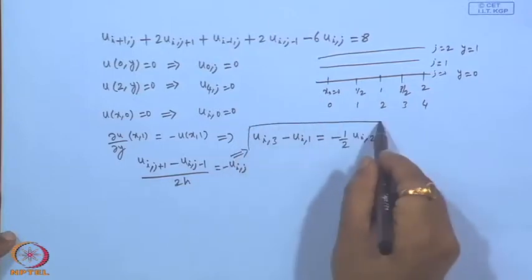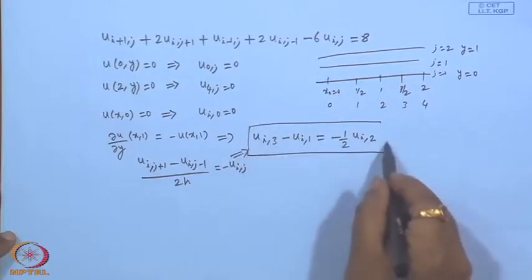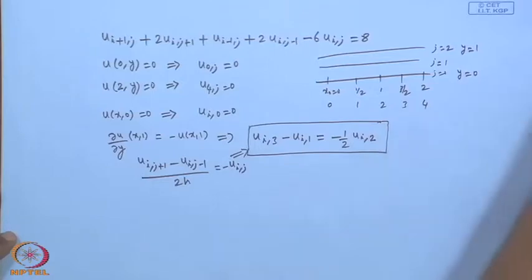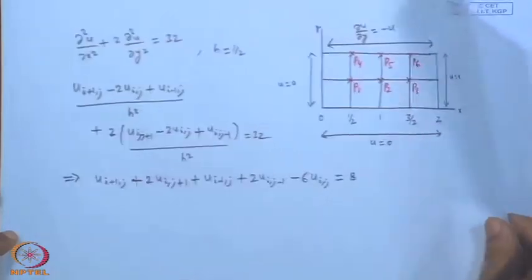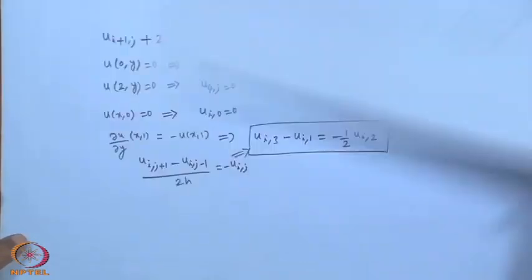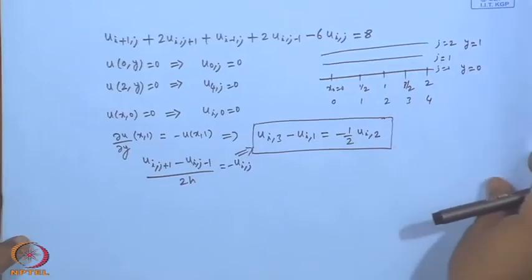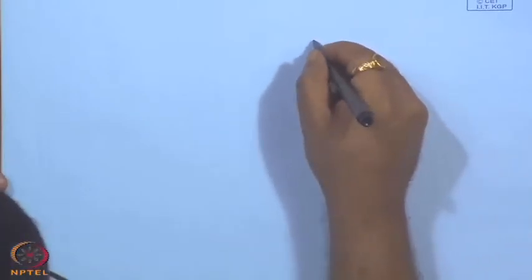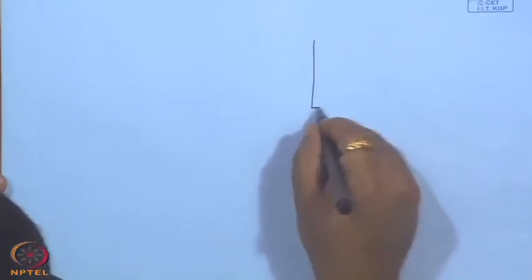Okay. So, now let us write down the equations at each of the points. Which points? At each of the points we write down. Okay. So, we need the grid again.